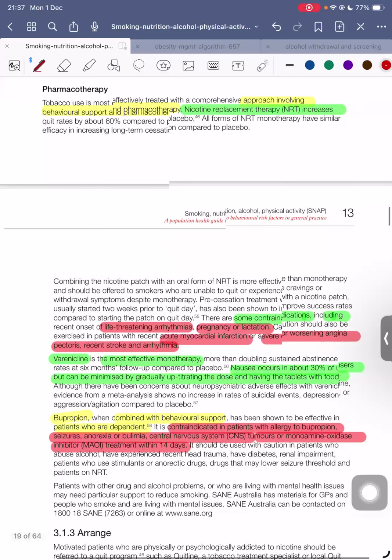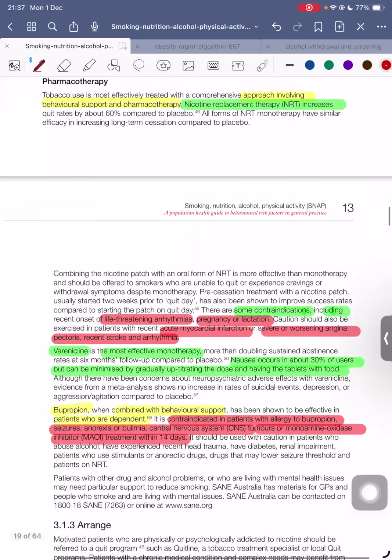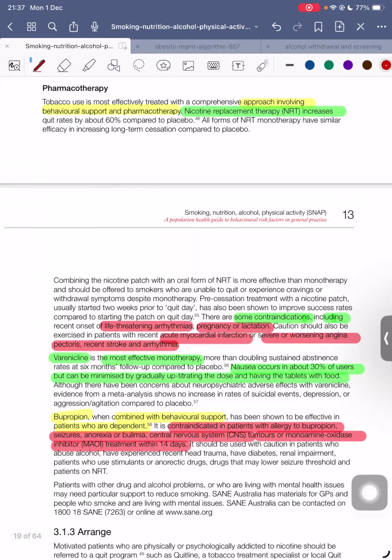Okay, so pharmacotherapy. Usually the tobacco use is most effectively treated with a comprehensive approach involving behavioral support and pharmacotherapy. Okay, so pharmacotherapy, we first administer the nicotine replacement therapy. Remember the nicotine replacement therapy.